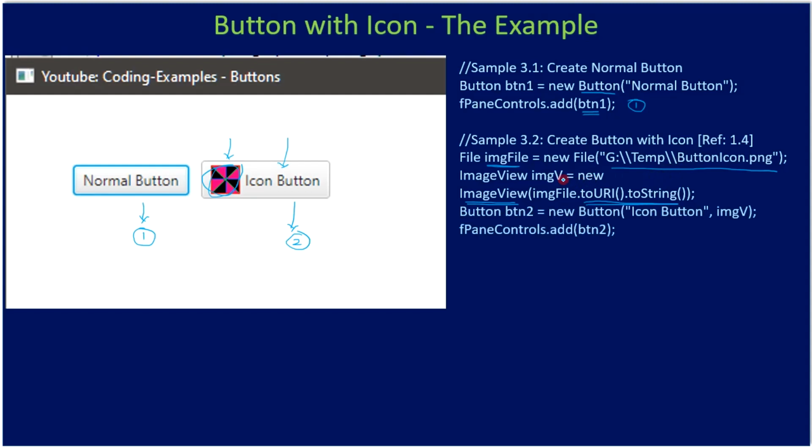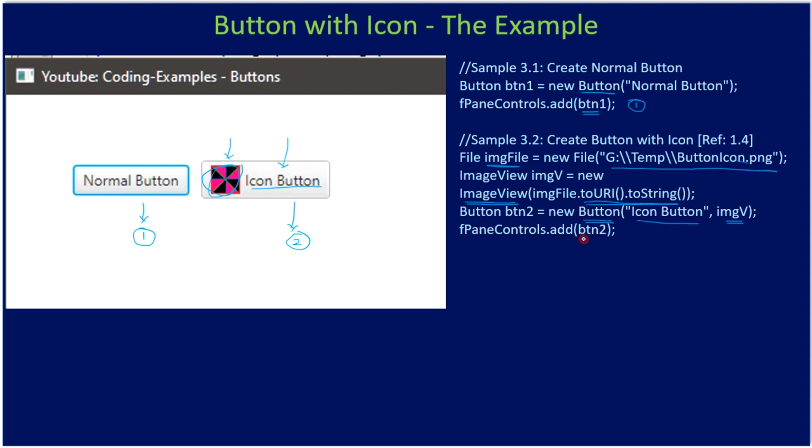Once you have the image view, you can create a button, and here we are using the second version of the constructor. First we are passing the button caption, icon button, that you can see here. Then we are passing the image view, so that's the image here, and it gets loaded on the left side of the label.